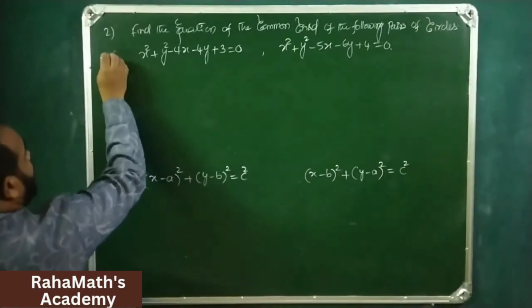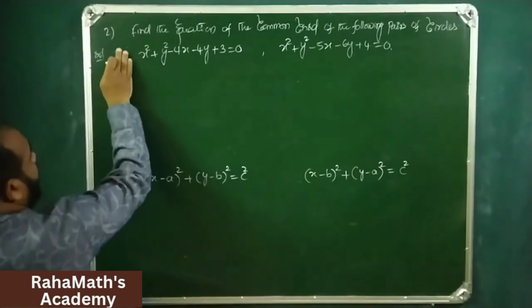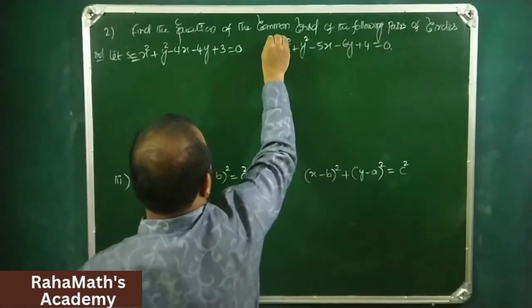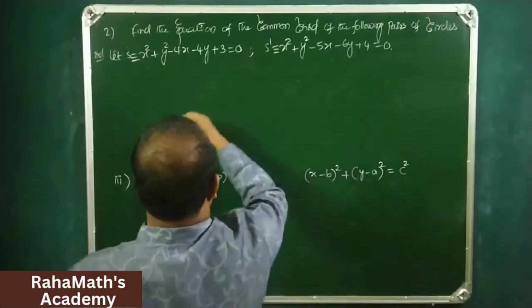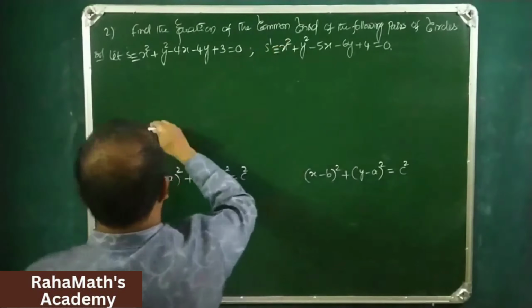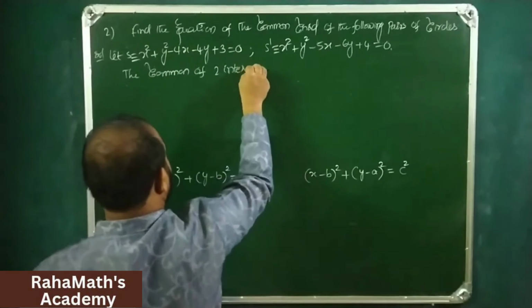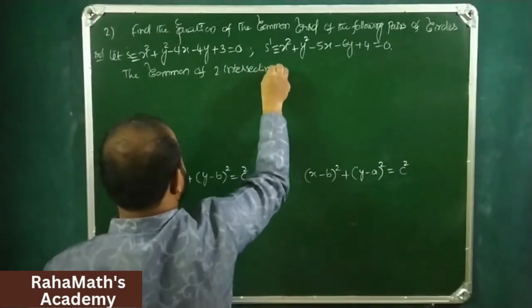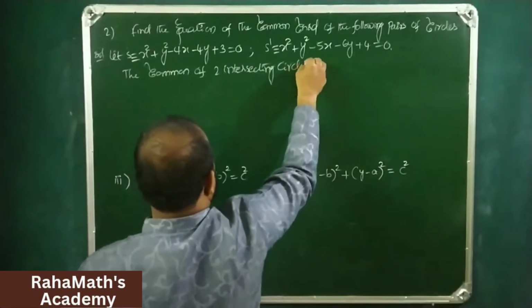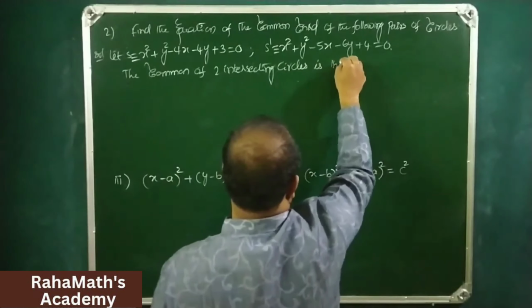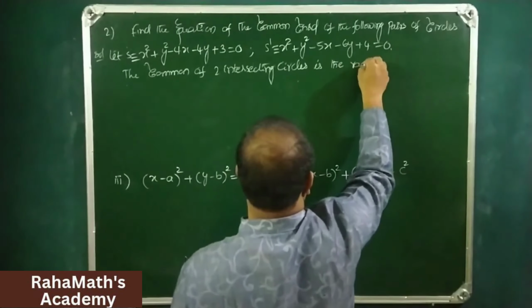Solution. Let this be S and this be S dash. So the common chord of two intersecting circles is the radical axis.